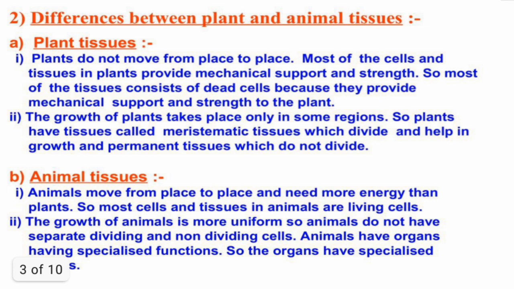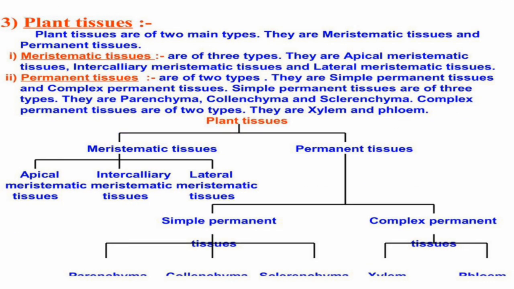in plants, Next the is cells plants, of the the growth vascular of the plants tissues takes place conduct only in water some regions. and food from one part of the plant to the other. So, plants have Now, tissues next called is what is the meristematic difference tissues which between divide and plant and help in animal growth and tissues? permanent In plant tissues which tissues do not divide, first difference is basically. plants do not Whereas the move growth from of the animals one is place more to uniform, another. so animals Whereas do in not have animal separate tissues, dividing they and move from non-dividing one place to cells another and need more energy Animals than have the organs plants. having specialized Next, most of the functions. cells of the, So the and the organs have tissues specialized in plant tissues. provide mechanical support Next, and we come to strength. the Here, the most of the cells now and tissues in animals the are entire plant living tissues. cells.